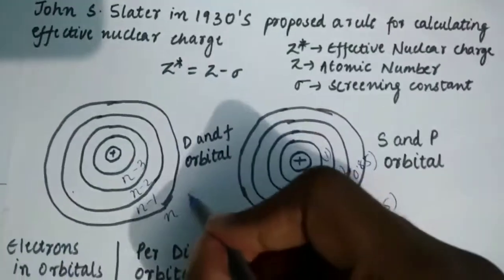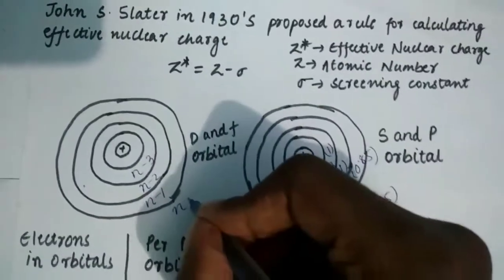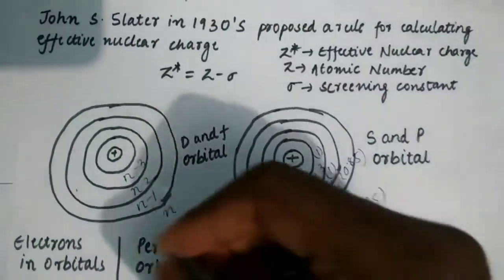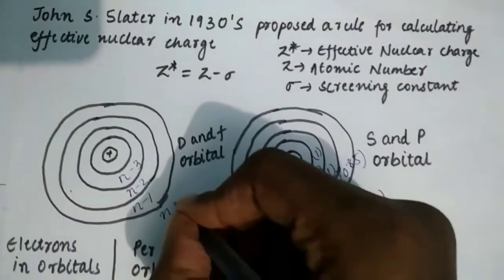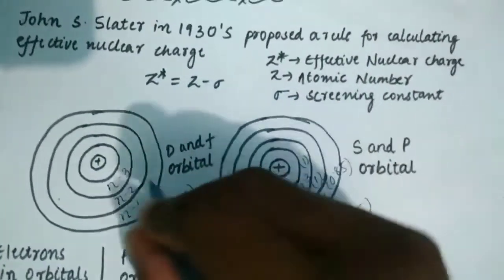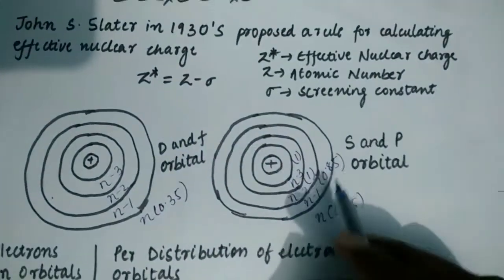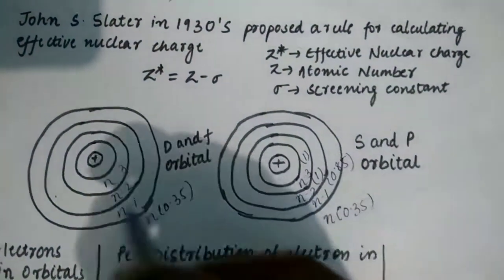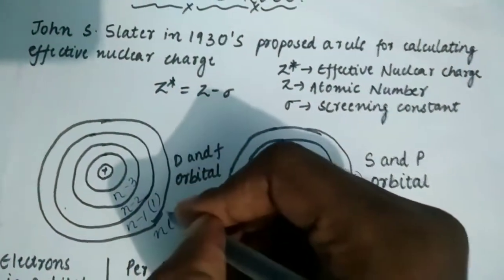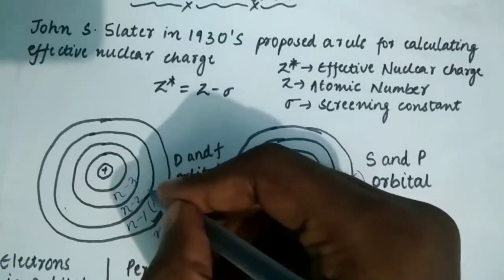In the case of d and f orbitals, the first case will be the same as for s and p orbitals: n becomes 0.35. For n minus 1, the value changes. Here it was 0.85; here it becomes 1, and the values remain the same for the rest of the cases.